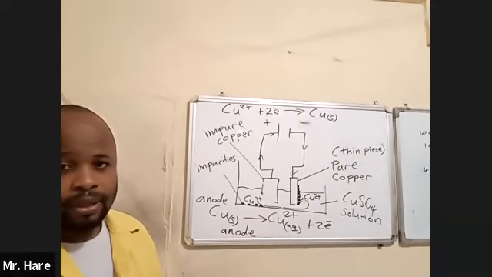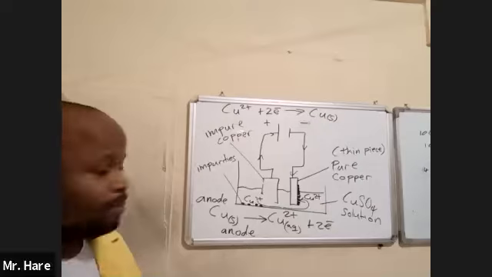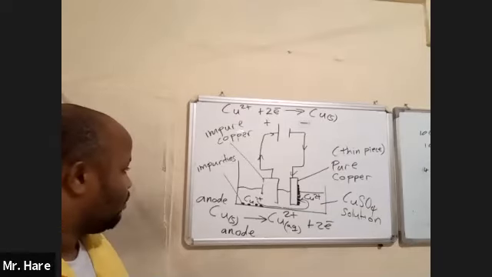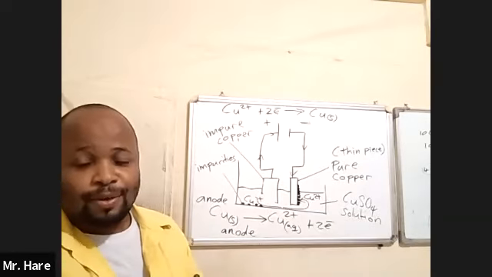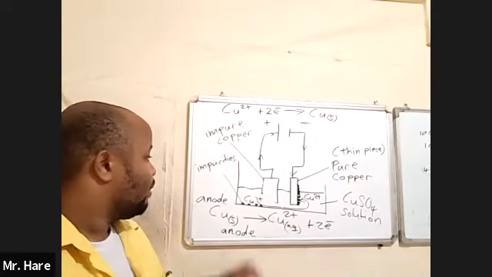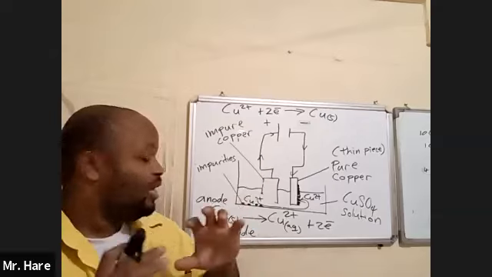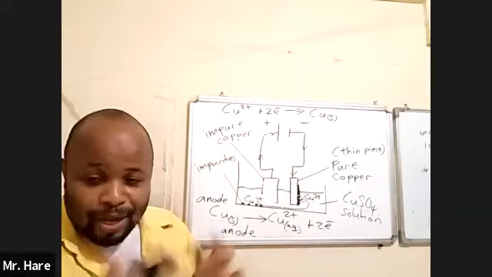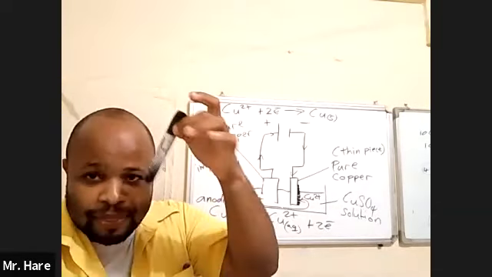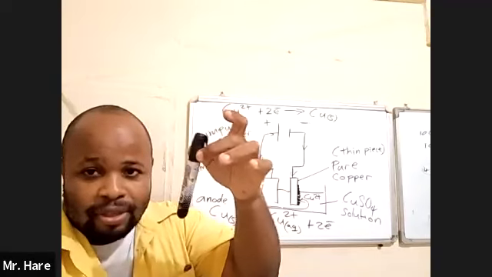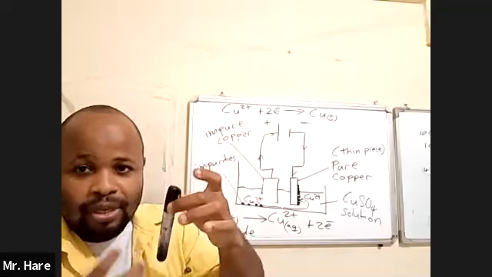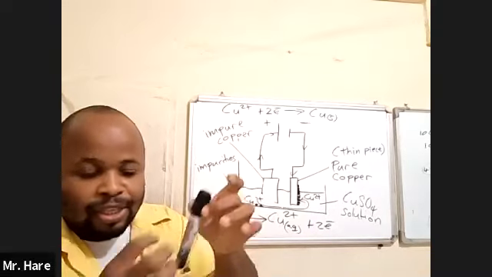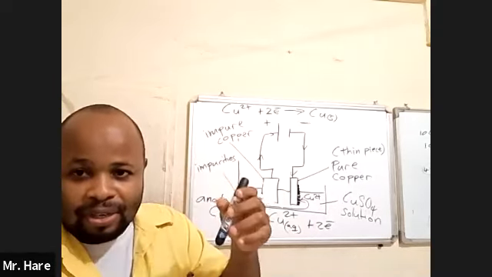Sir, do the impurities destroy the anode first and then it goes over? No, it's not what is destroyed first. So the anode itself, let's say this is the impure copper. The reaction is starting, so the copper atoms are being oxidized and it is breaking apart.